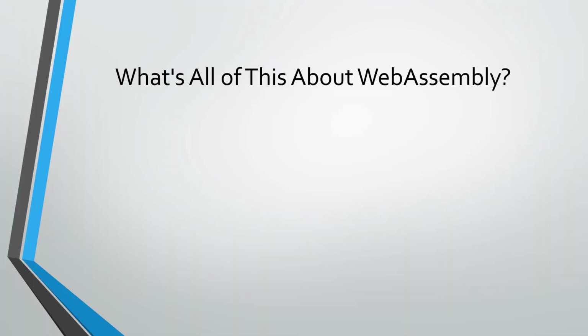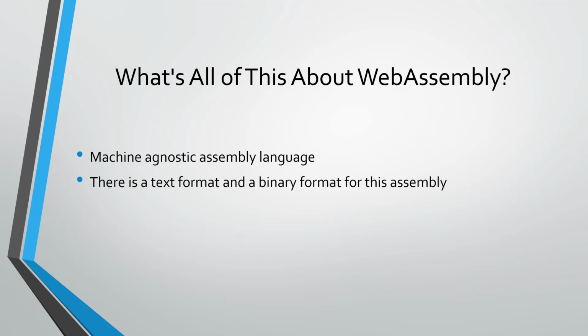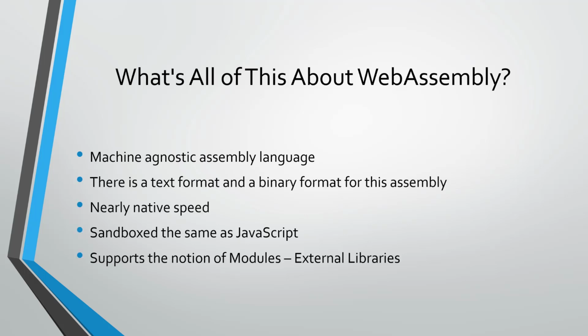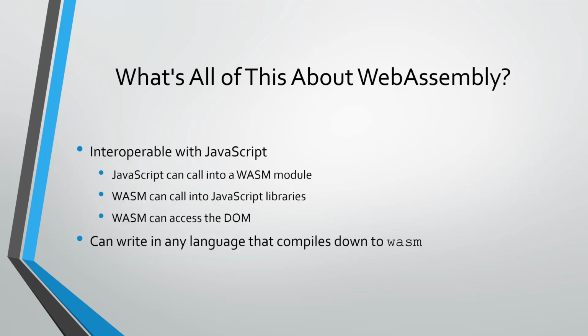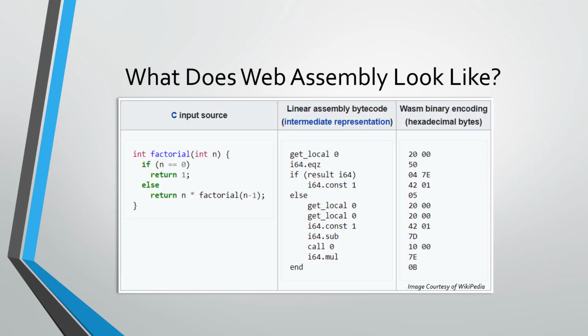Let's try this again. So, WebAssembly. Okay, so here's what it looks like. On the left, you see a C input, a simple factorial function. In the center is a text representation of that intermediate representation.